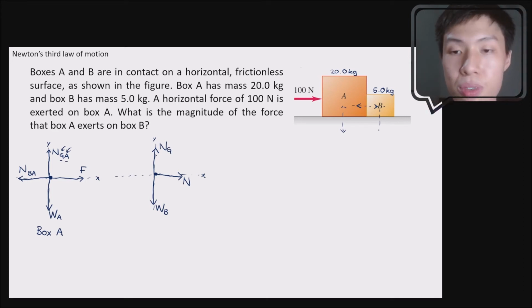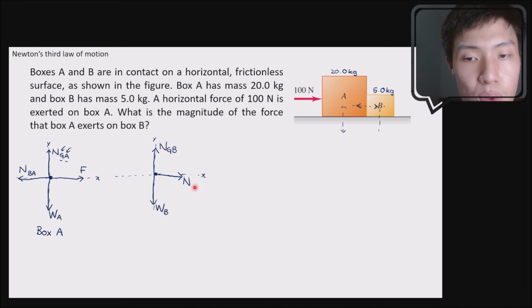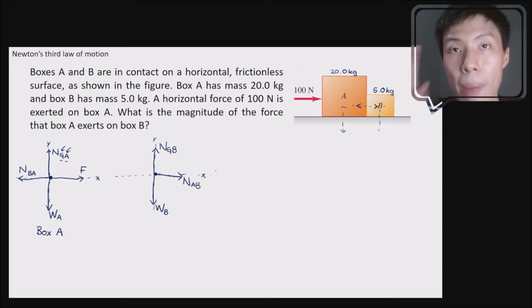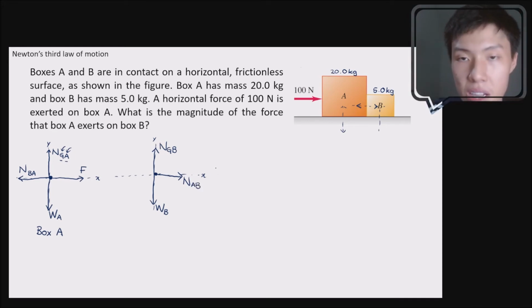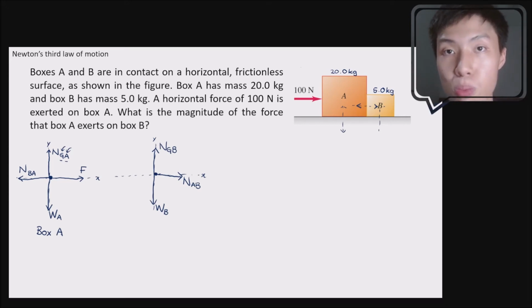So we use G to represent ground, and this is exerted by the ground on box B. Okay, this one will be by box A on box B. So by box A on box B. Okay, by first, then on. It's never on by. Okay, it depends on which book you follow. But if you follow my class, it's always by and on. If you follow other lecturers, it might be on and by. It depends on which book we follow.